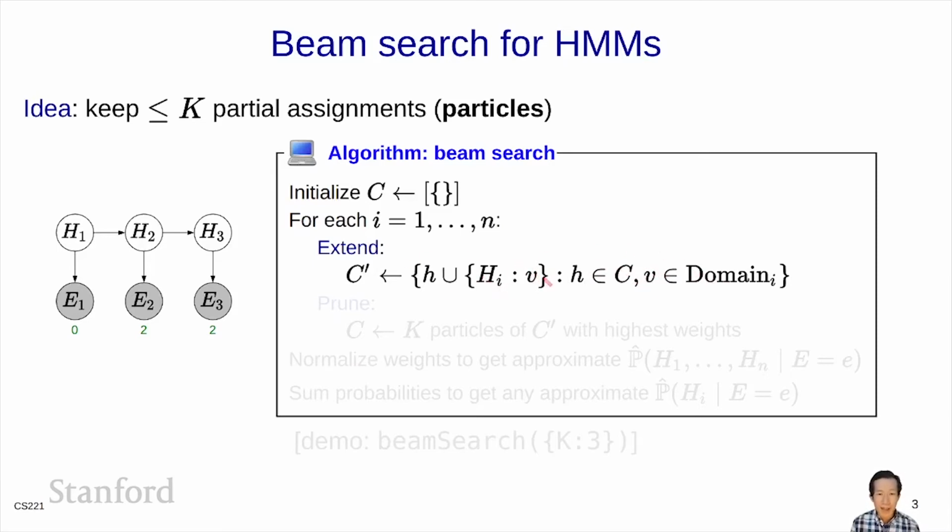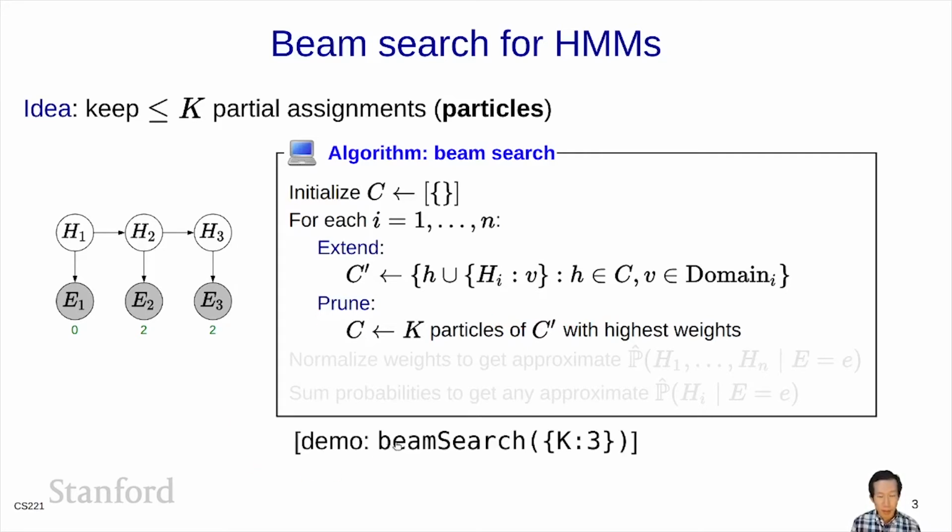I'm going to extend that assignment. So now we get a bunch of assignments from h1 to hi. Now I'm going to compute the weight of each of these candidate particles, and I'm just going to take the K highest weight particles.